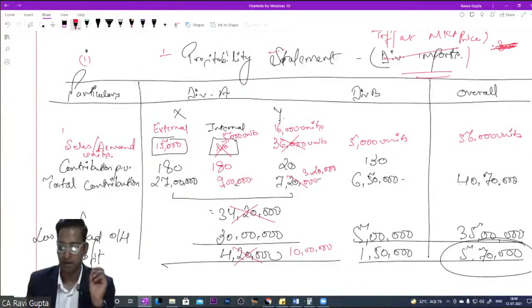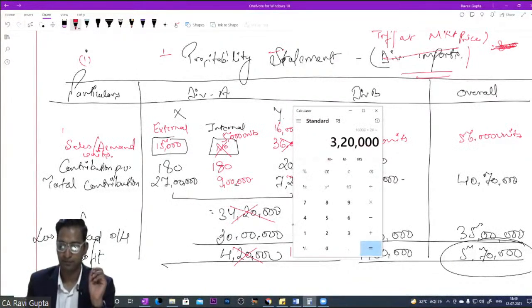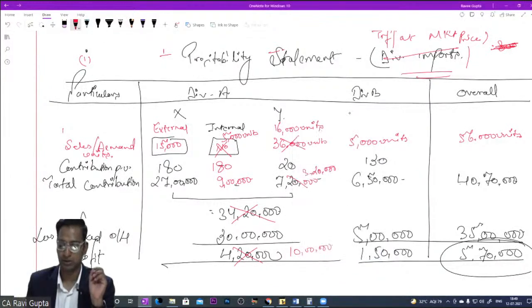So this will be 3,20,000 and 27 lakhs plus 9 lakhs plus 3,20,000. This comes 39,20,000 as total.